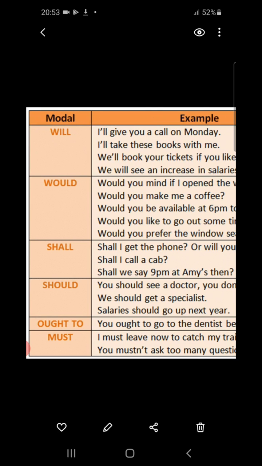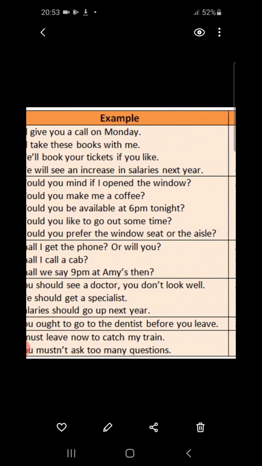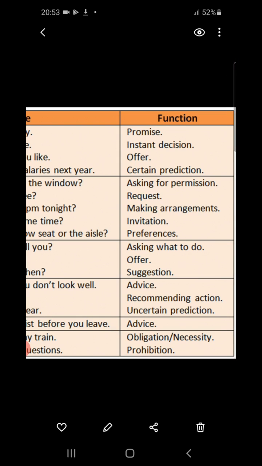Next, ought to. You ought to go to the dentist before you leave. It's an advice. So you ought to do something. Ought to is almost parallel to the word must, or it is almost equal in its relevance and usage.